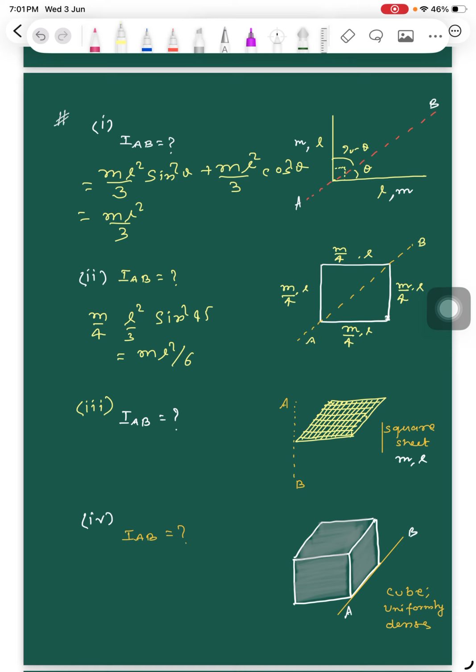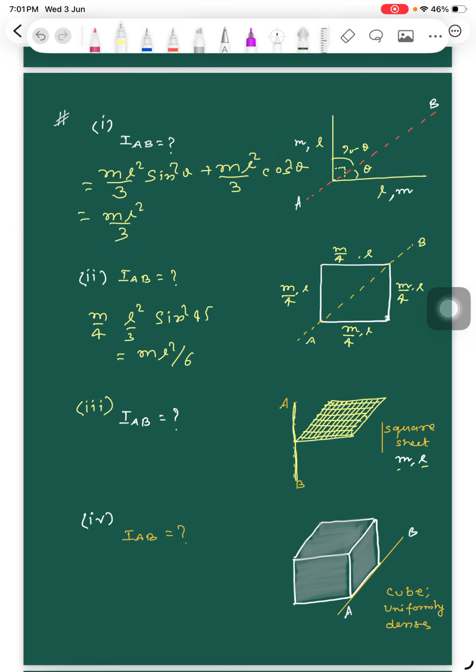And about this square, we have to find I about this axis, where the square is of uniform density, side length L, mass M, and this axis is perpendicular to the plane of the square. So how to get this one?